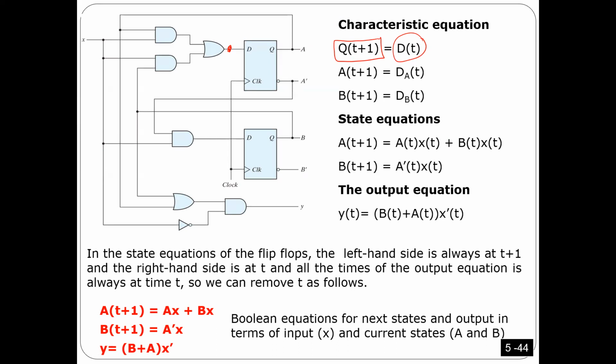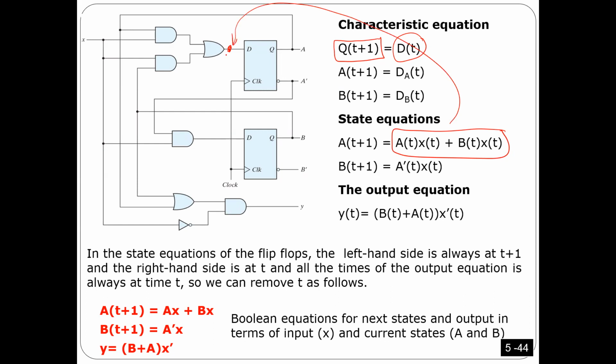The state equation gives you the new value for A and B, the new value for the flip-flops here, given the current value for A, B, and X. In this case it is easy because this is a D flip-flop, so these values are actually the input we have here.